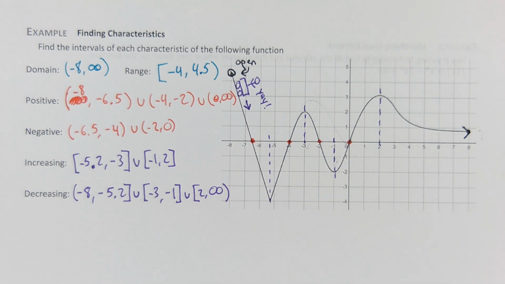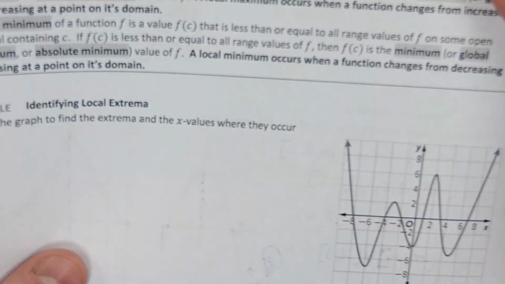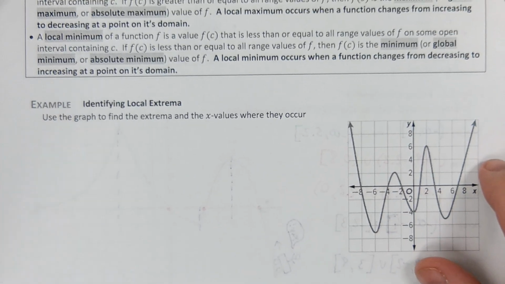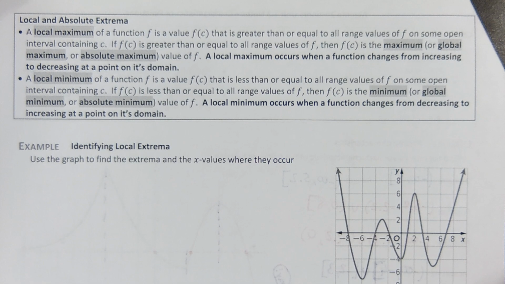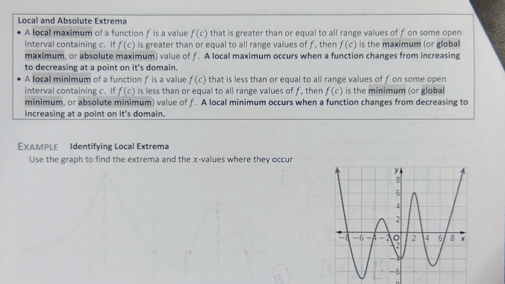So what is really on the other side that's super duper important, other than those vocabulary words, is the sentence that I've typed in bold, there and there. It says when you're going to find a local maximum, when you will find a local minimum. A local maximum will occur every time your graph goes from increasing to decreasing.